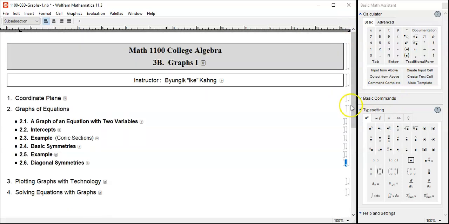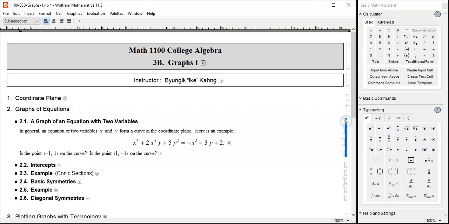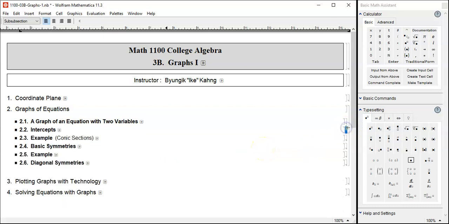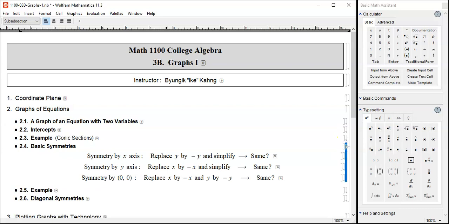And we'll simply say section 2 is complete. We went through something moderately important here. Checking whether a point is on a curve or not by plugging those values in. And something really important here, finding intercepts. And then something moderately important, basic symmetries.